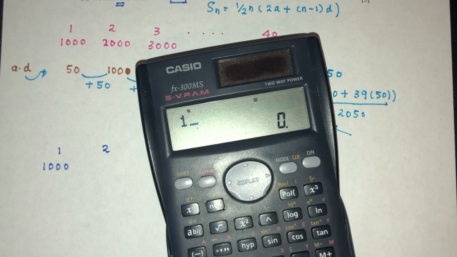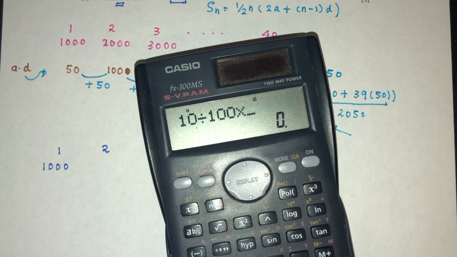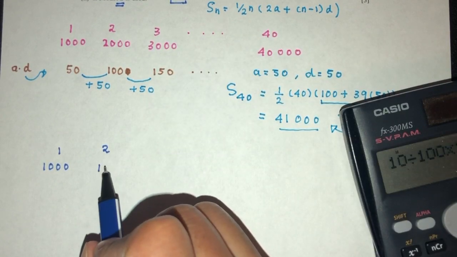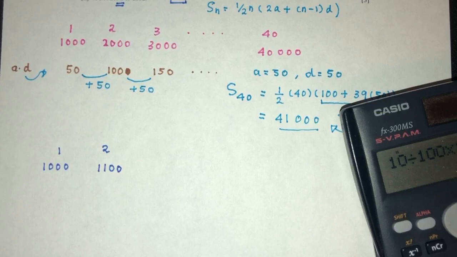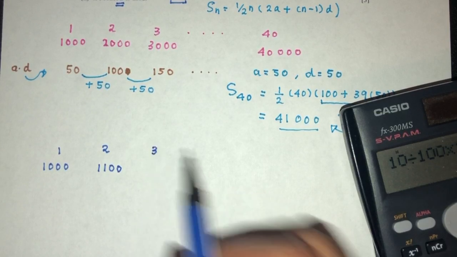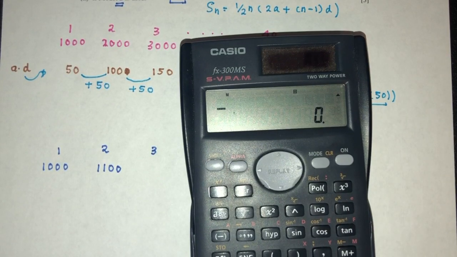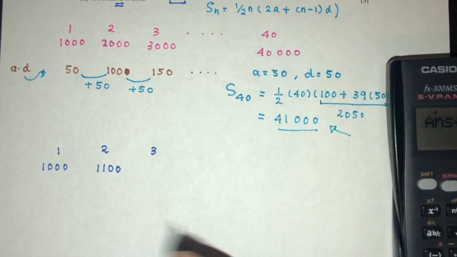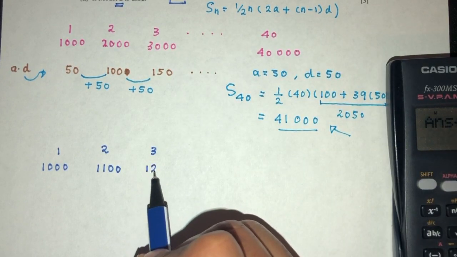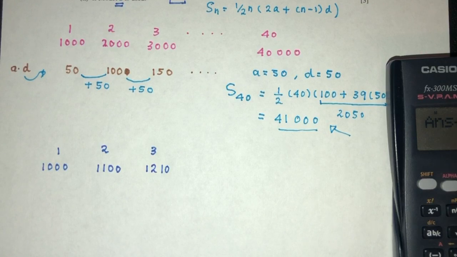So we will say 10% times 1,000 increase by 100, so the amount will be this much, right? Now term number 3, increase by 10%, so 1,100 increase by 10% plus the initial amount, so the new price on day 3 will be this, right?